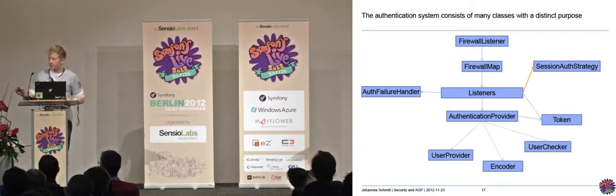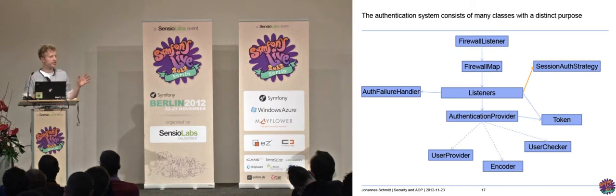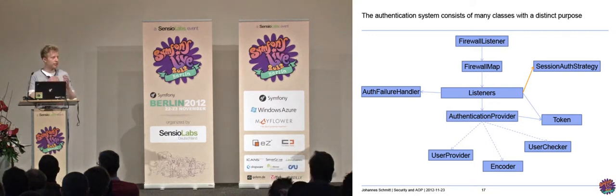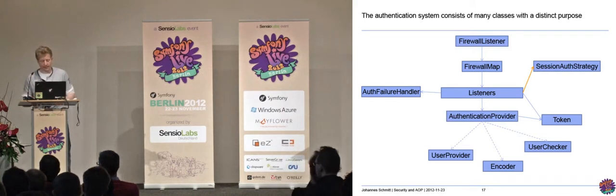That's session fixation protection. And also what you can implement there is if you want to limit the maximum number of sessions that a user can have, if you want a user to have only one session open at a time, then you could also implement that very easily in the session authentication strategy.